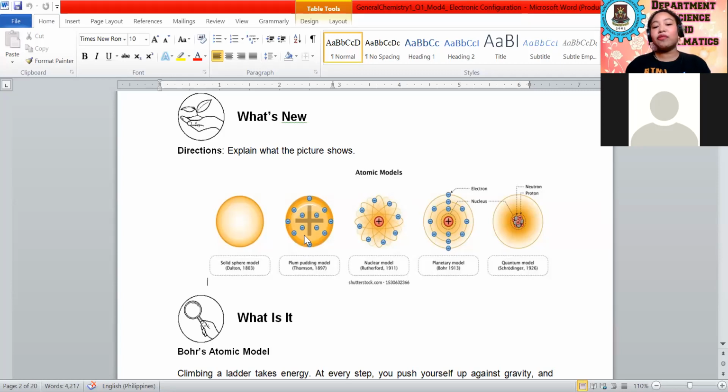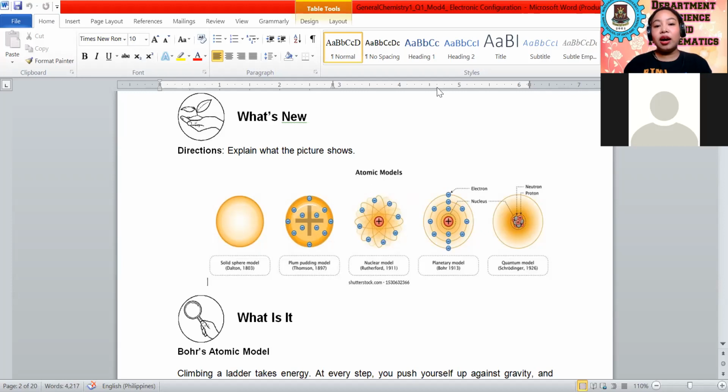And then Rutherford says that it is not a cloud of positive, rather it is a dense nucleus or dense center where we can find all these positive, and because of these nuclear forces that held the electron on its orbit.